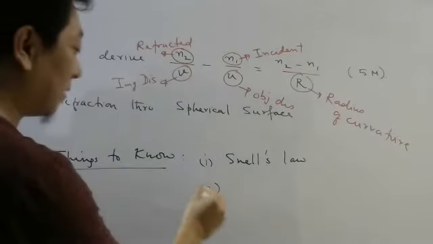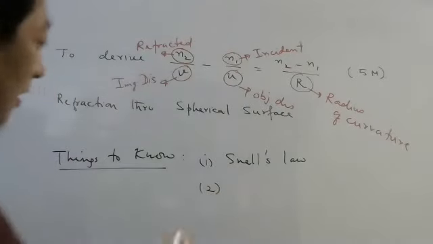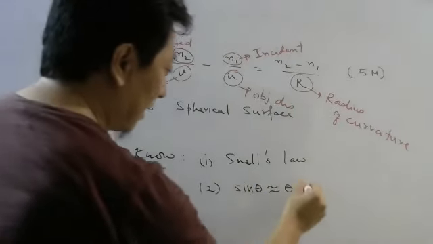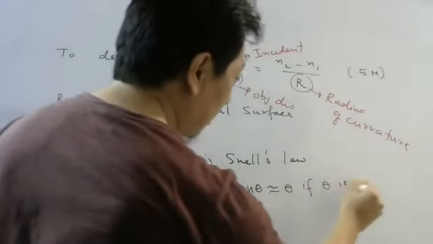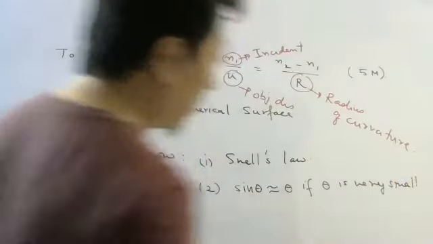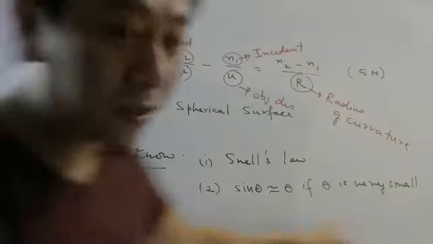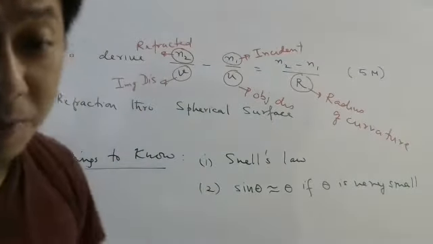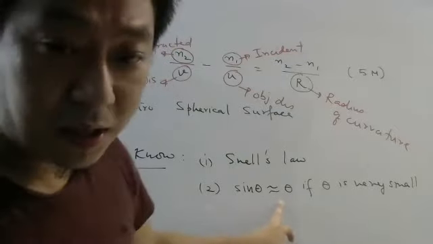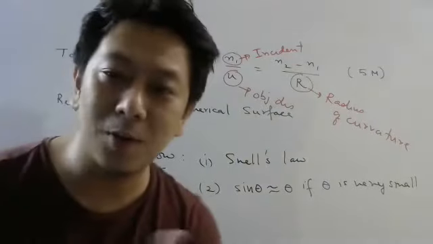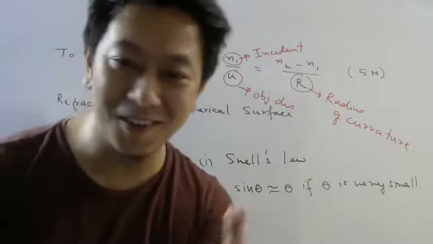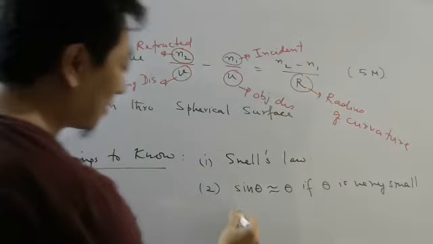Then you should know some basic mathematics like sine of angle can be replaced by angle if angle is very small. If you remember, in first PU also we use this while deriving time period of pendulum. So if angle is very small, sine of angle can be written as angle. Best example is what? Sine 0. Sine 0 is 0, right? So smallest angle is 0 only, right? Similarly, cos of angle.